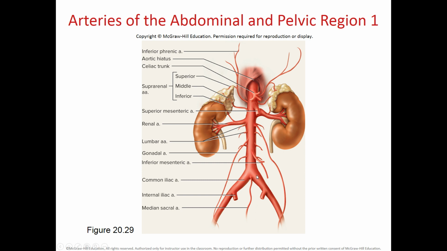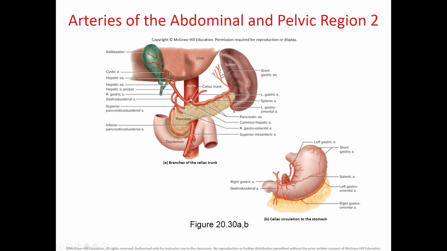And then the abdominal aorta is going to split or bifurcate into the common iliac, and then the common iliac into internal iliac and external iliac. And here we have the median sacral artery.